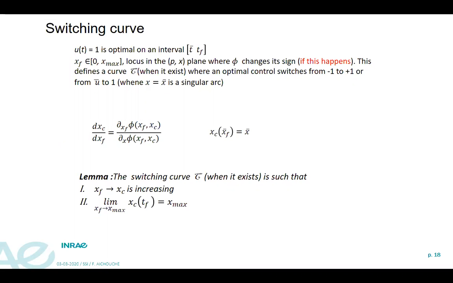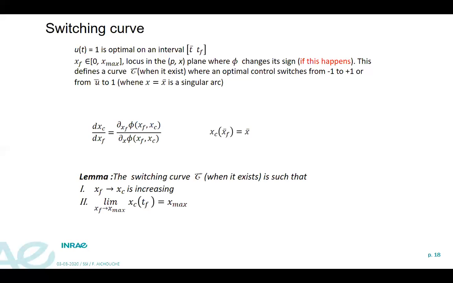We know from the previous lemma that for any optimal solution, the control u equal to 1 is optimal on T bar, tf. Therefore, for each possible terminal state xf on 0, x max, one can determine in backward time the possible locus in the px plane where the switching function changes sign.